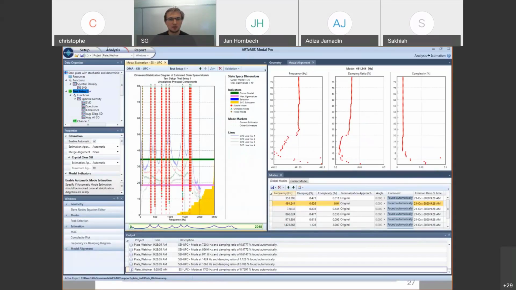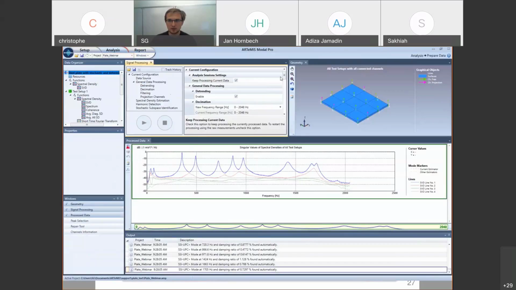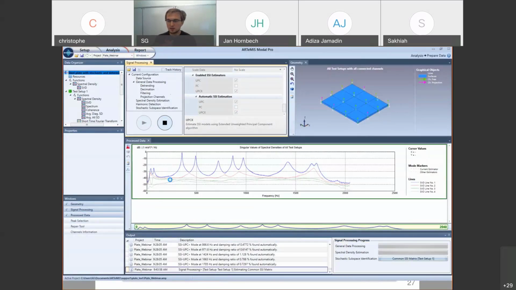So here we need first to enable the uncertainty quantification method, which is UPCX. So we need to enable those two checkboxes for enabling UPCX and automatic estimation with UPCX. We press start.